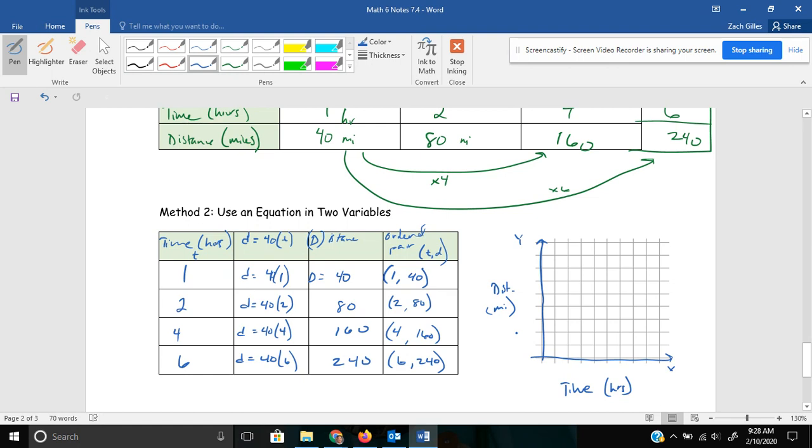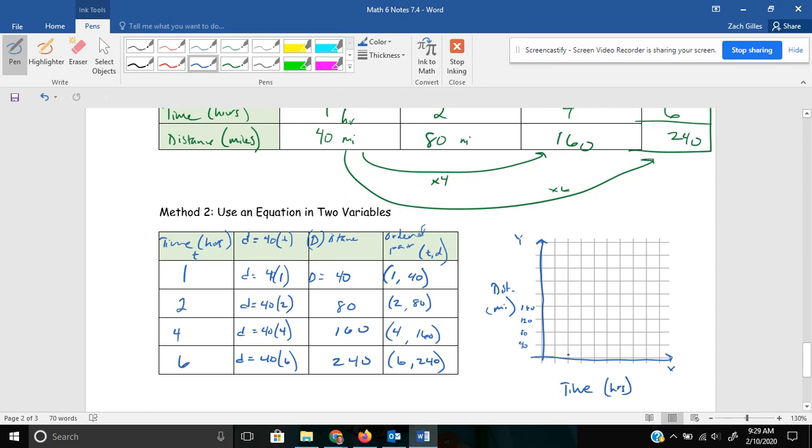And my ordered pairs for 1 hour, well, let's look here for my labels. I could just go by ones here on the bottom, so I don't need to label them when I'm going by ones. And how about for my distance? For my numbers here, well, again, I was going 40 miles per hour, so a lot of times that's a good hint as to what you could go by. So 40, 80, 120, 160, and so on and so forth.